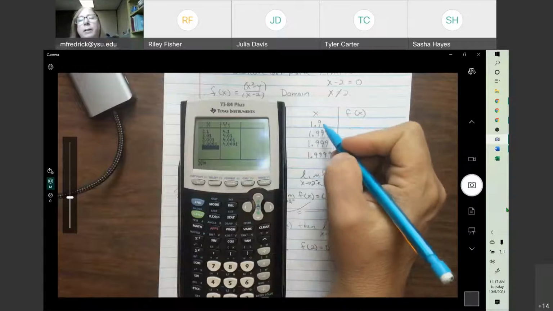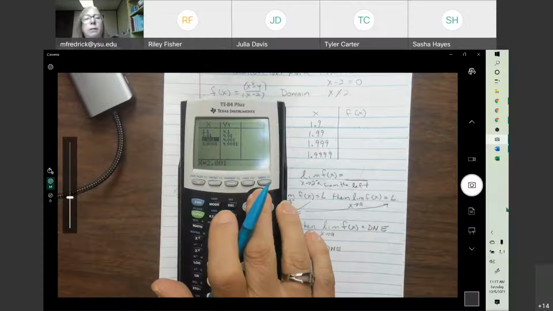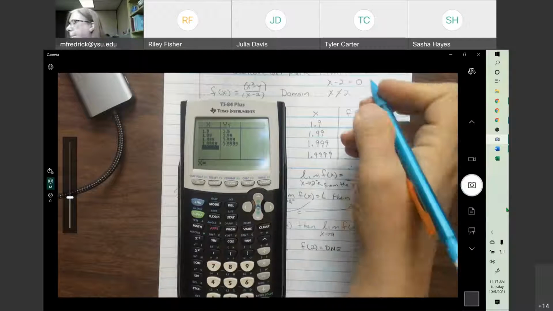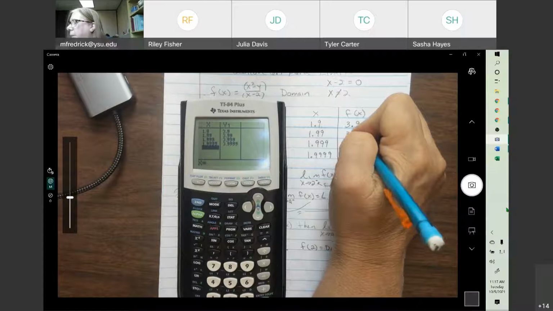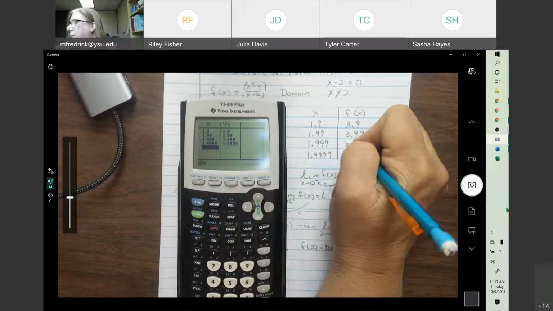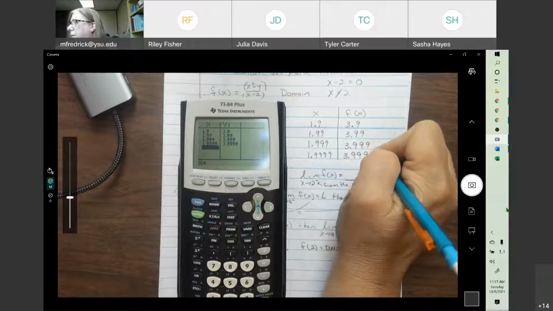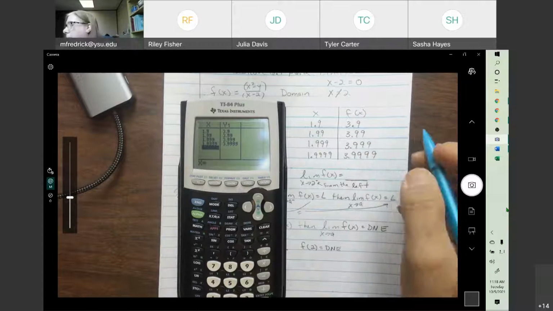So if you go back and then plug these values in, 1.9, 1.99, we're getting 3.9, 3.99, we're getting closer and closer to 4.